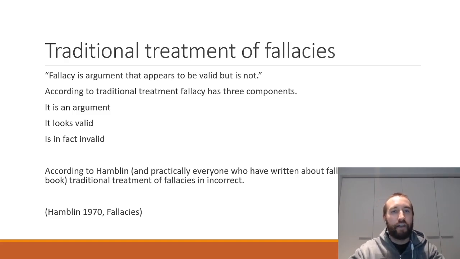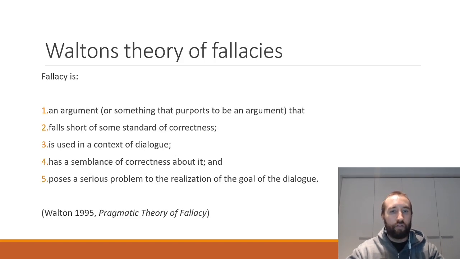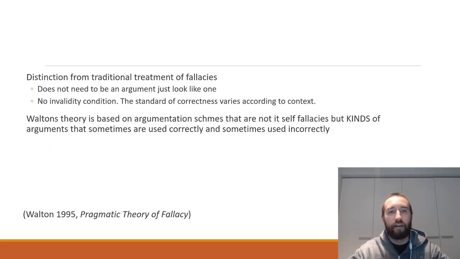This definition, an argument that appears to be valid but is not, has ever since been deemed absolutely wrong. Everyone thinks it's wrong. And then you can remember Walton 95, Pragmatic Theory of Fallacy, and tell them that you're actually referring to that, and tell them this thing about argumentation schemes, and that if an argument has the form of a fallacy, it doesn't mean that it is a fallacy.